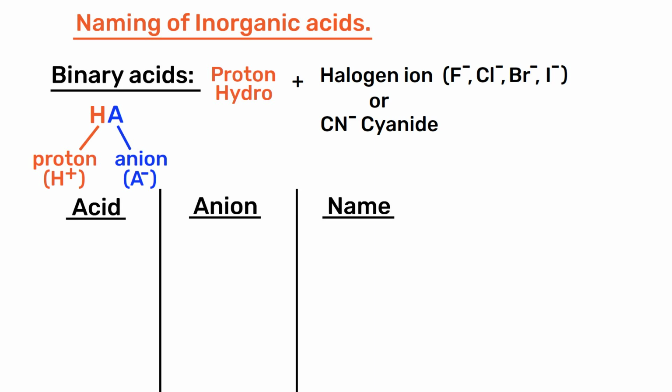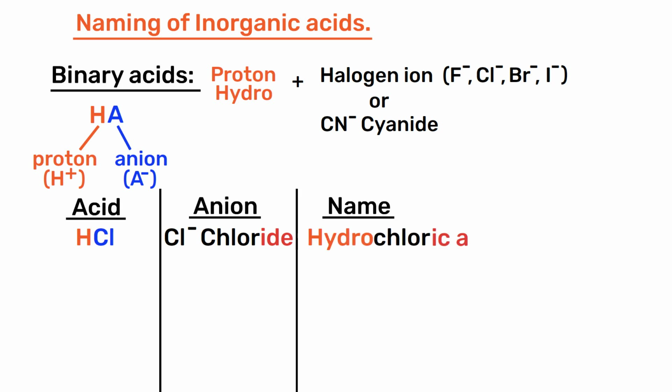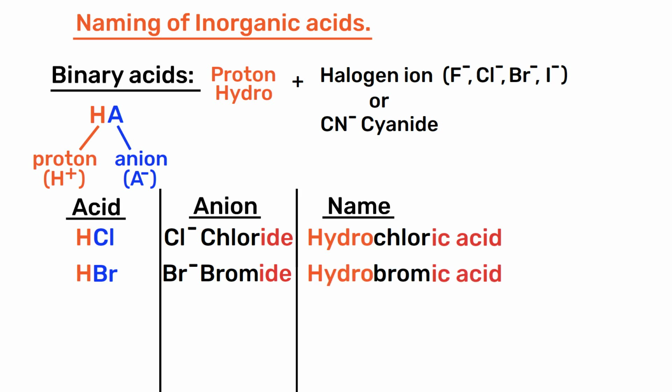For example, you have HCl. The anion here is chloride, and the suffix -ide is changed to -ic, so it's now called hydrochloric acid. HBr: the anion is bromide, and the suffix -ide is changed to -ic, so it's hydrobromic acid.